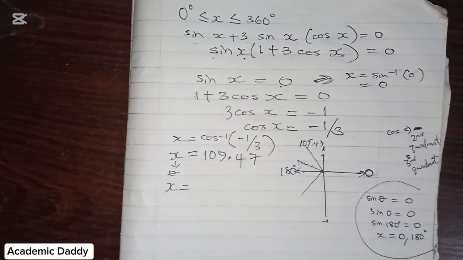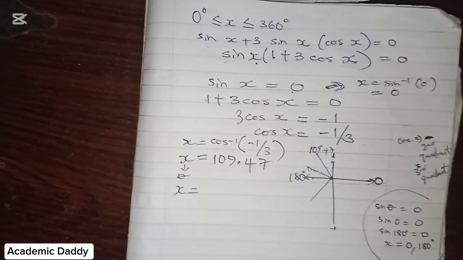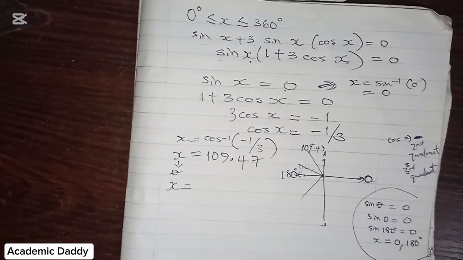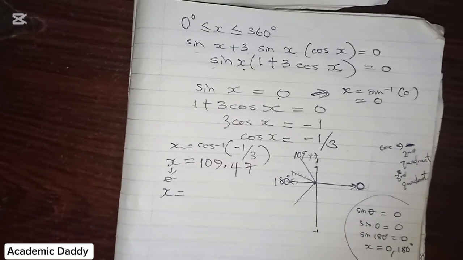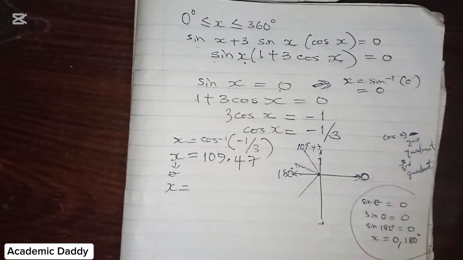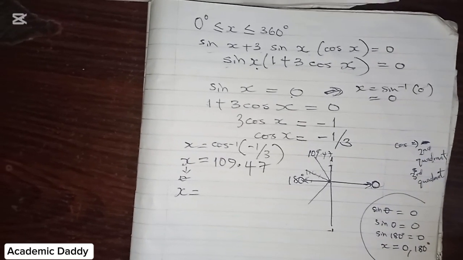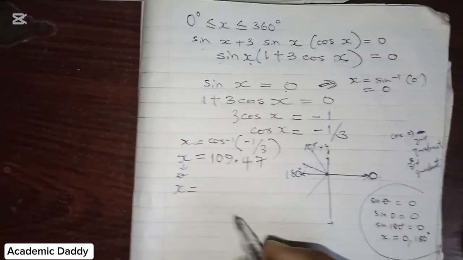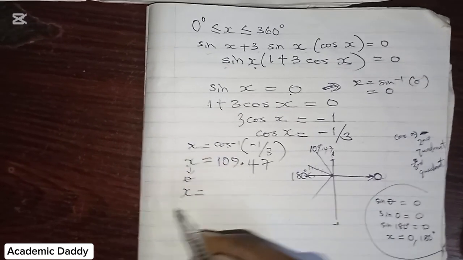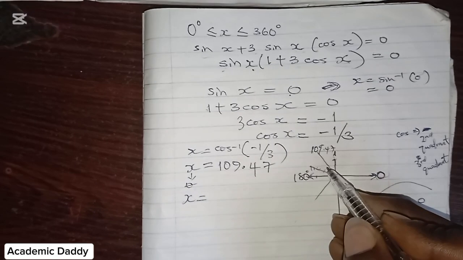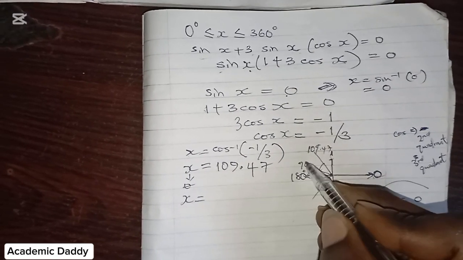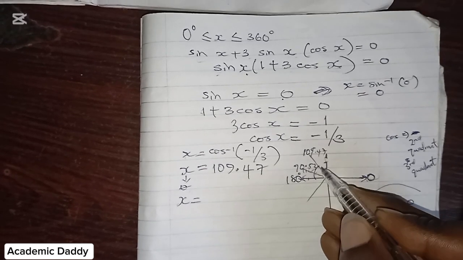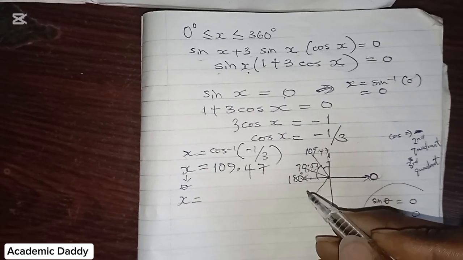So how do I get that? Remember, there's an approach for finding something in the third quadrant. I'll do 180 minus 109.47. It will give me 70.53. That means in the second quadrant, 70.53 corresponds to 109.47.